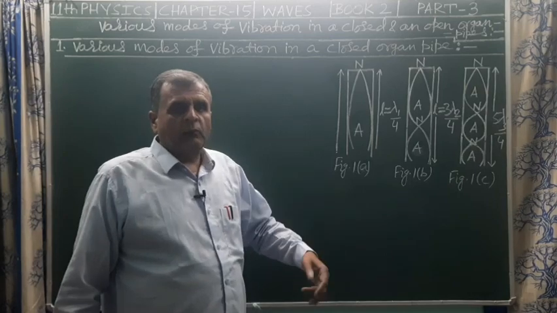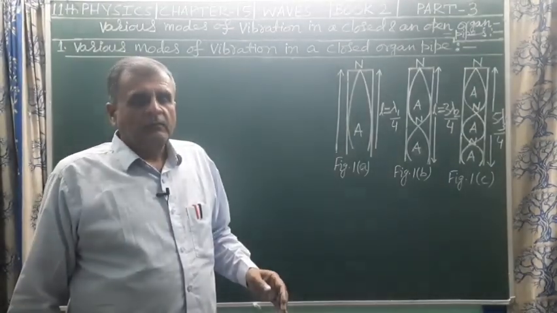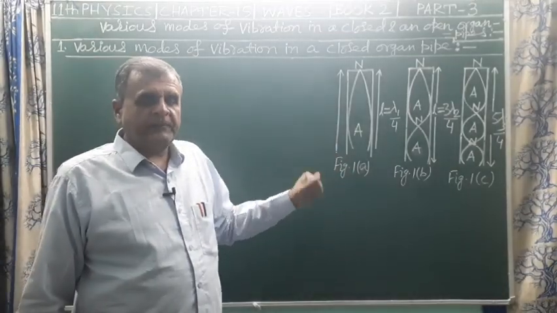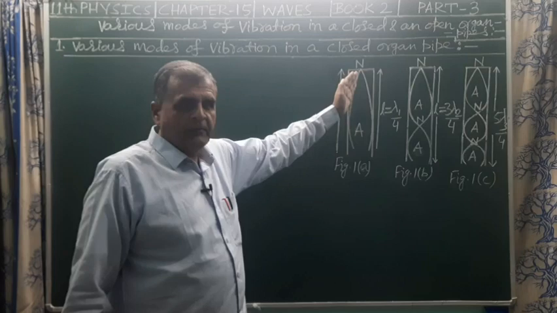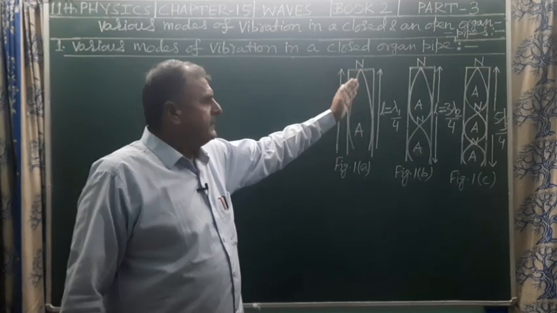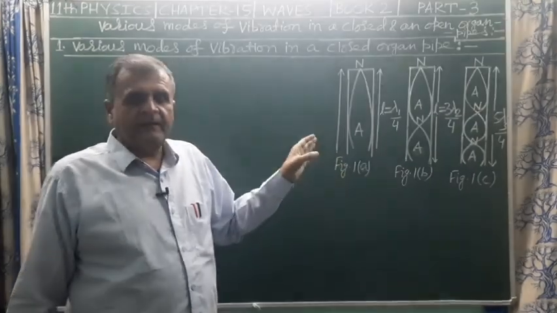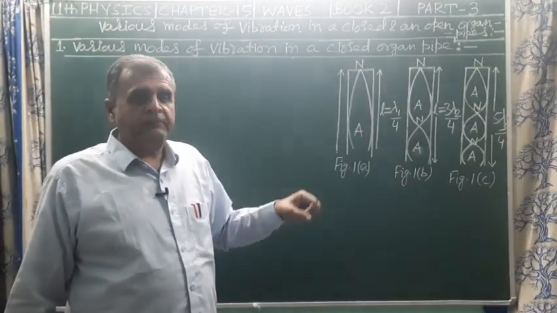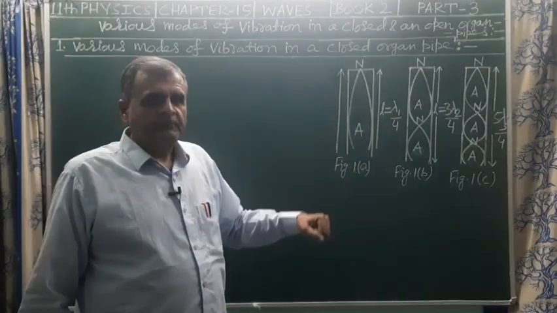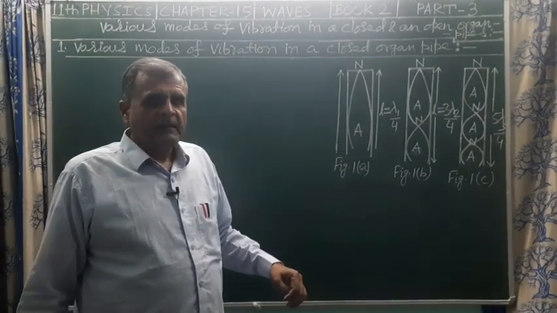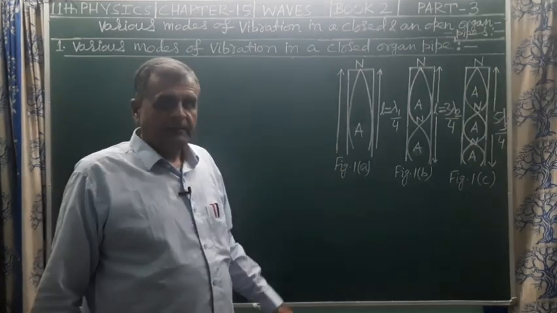Due to superposition of two longitudinal waves, that is the incident longitudinal wave and the reflected longitudinal wave inside a closed organ pipe, a stationary waveform is produced in a closed organ pipe.